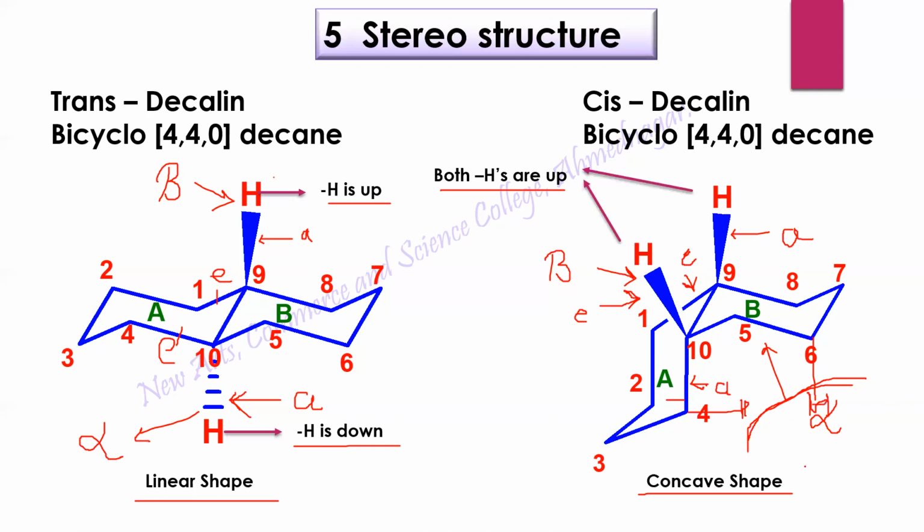Because of this, there is less vacancy for the attack of a reagent, and that's why we call this lower side, the alpha side, a little bit hindered. So in the case of the cis-decalin system, the top side is less hindered as compared to the bottom side.